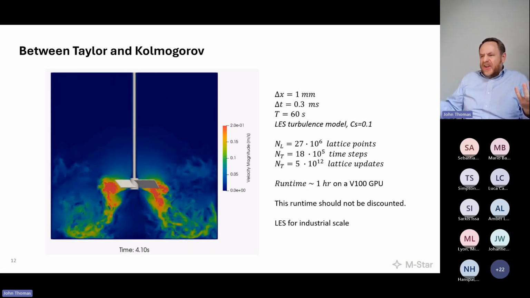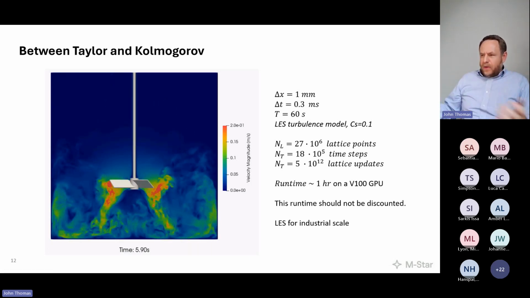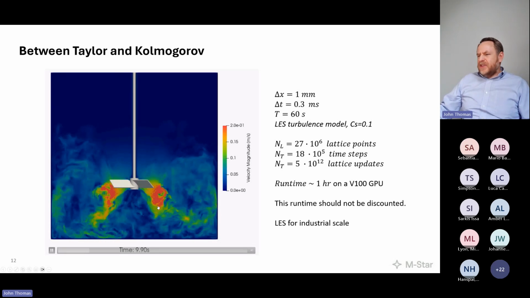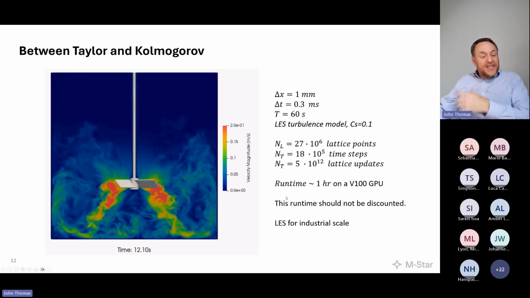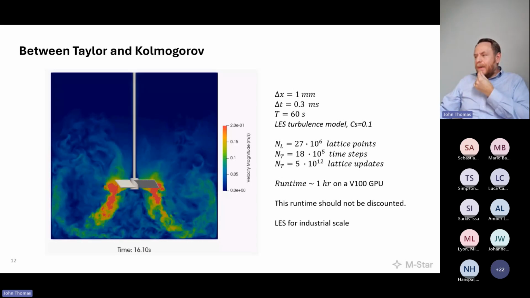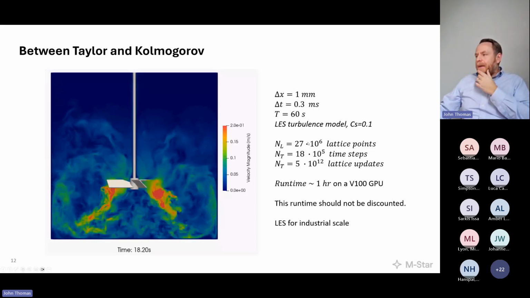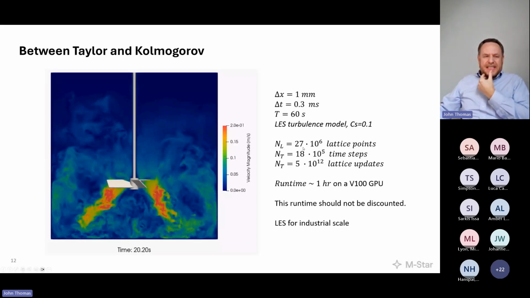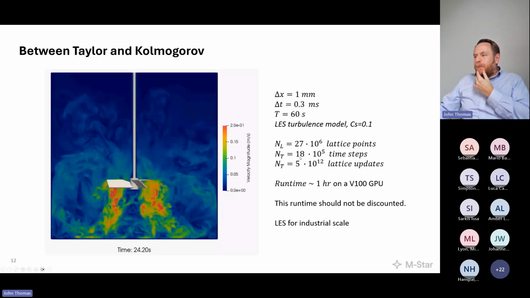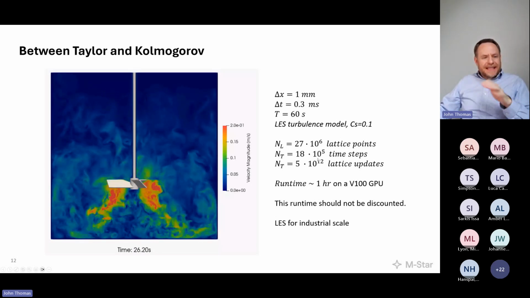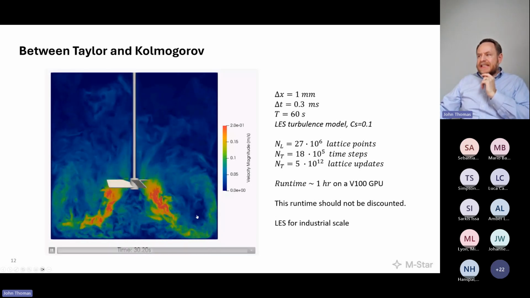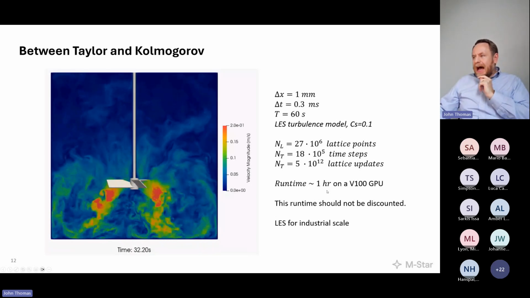And here's just a canonical, predictable, unremarkable M-Star simulation, okay? Watching the flow evolve, nothing unique here. I've got LES turned on, of course, as I must, because I'm nowhere near DNS. But there are some things to note. This has about 27 million grid points, and I'm running about 2 million time steps in order to run this 60-second simulation.